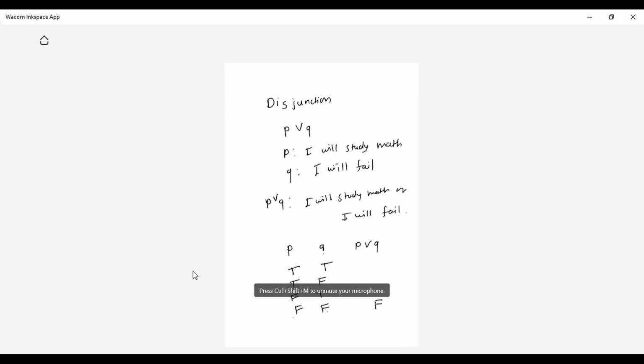Otherwise, for all other combinations, we are getting true. So true, true, true, true. Only for false, false we are getting false for disjunction, that is OR. So this is a simple table for disjunction. I hope everyone has got it. Now we will construct some simple tables.